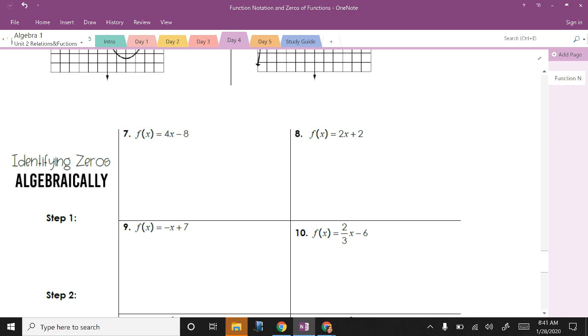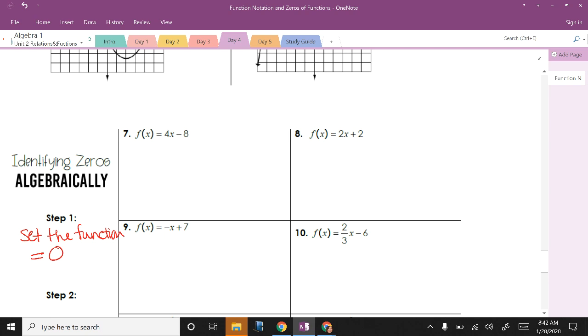All right, so now we're going to do it algebraically. And this is actually pretty easy. To do it algebraically, 2 steps. First step, y'all have it over here to the left: set the function equal to 0. You can read my crappy handwriting.